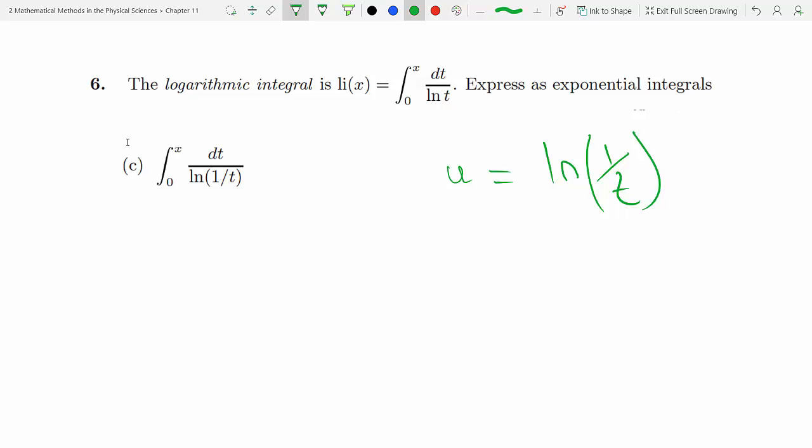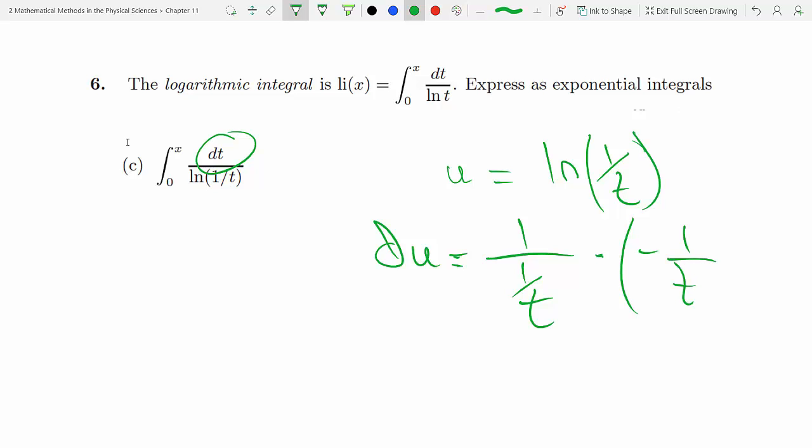So when you call u equals ln 1 over t, I would still need to find dt, so I would have to differentiate this. And differentiating ln, how would you do that? The derivative of ln is 1 over the argument, 1 over t, times the chain rule, the derivative of 1 over t, which is minus 1 over t squared.